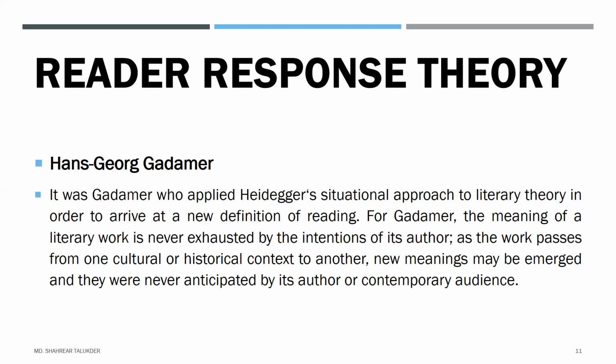So the way the author anticipated that we would interpret the text, actually, it will not be like that. Meanings emerge that were never anticipated by the author or contemporary audience. That means the way the audience or even the author anticipated that it should be interpreted, you cannot say that, because of the cultural and historical context, meaning will always vary.